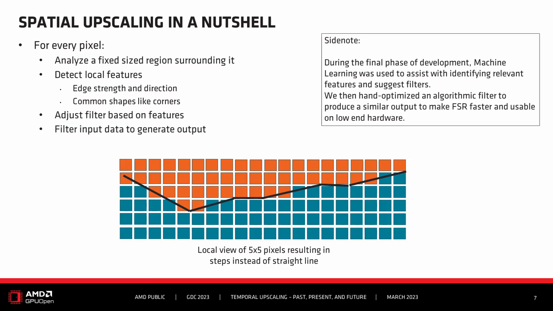At the bottom, you can see a small local area that you analyze, in that case a 5x5 region. On the left you see a line that goes down 1 pixel every 2 pixels, and that can be detected pretty well and you get a nice straight line.